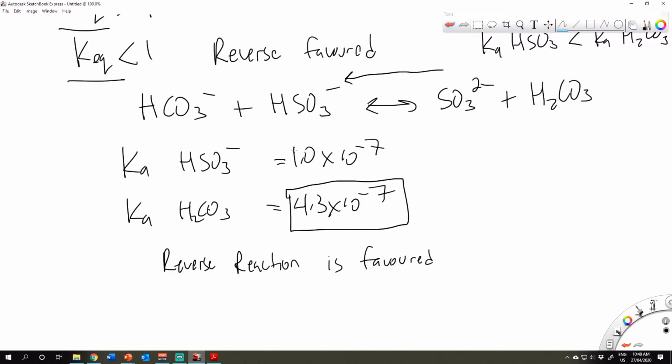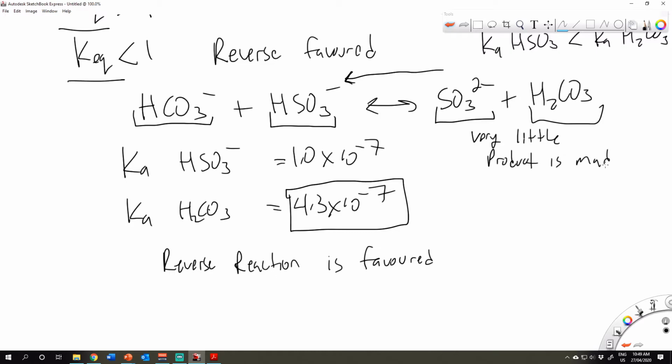So basically this means that if I take this substance and mix it with this substance, it'll form this and this, but because the reverse reaction is favored, very little product is made.